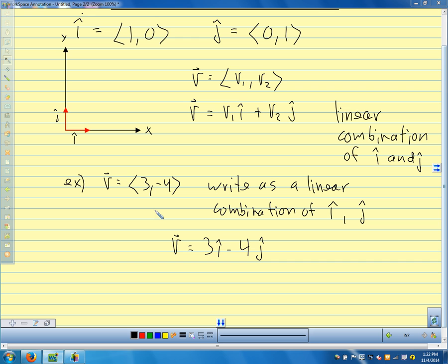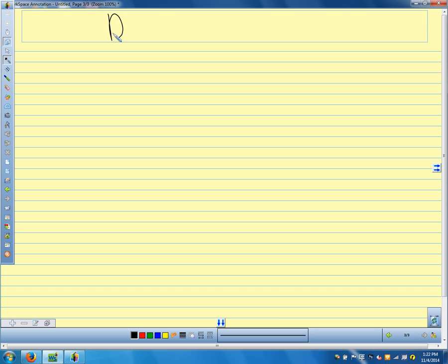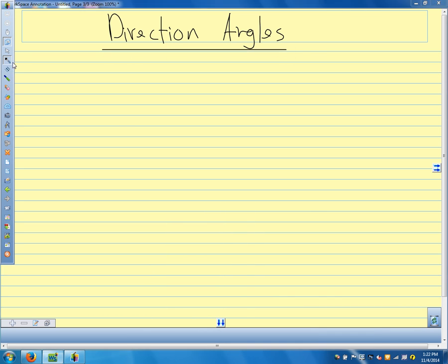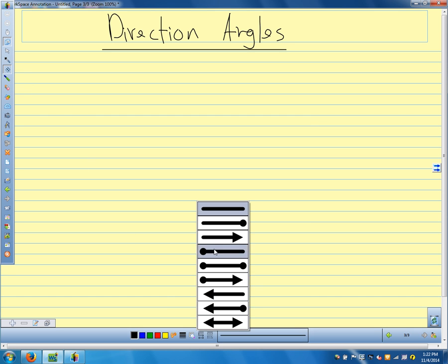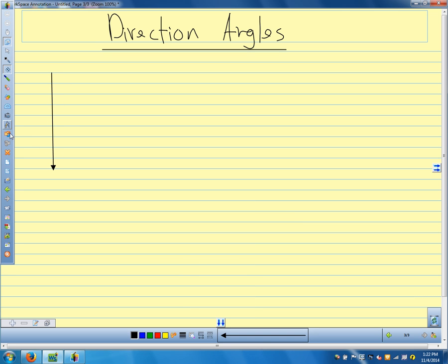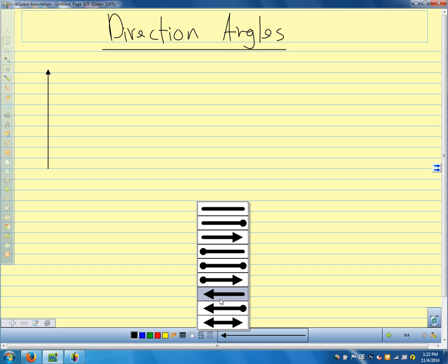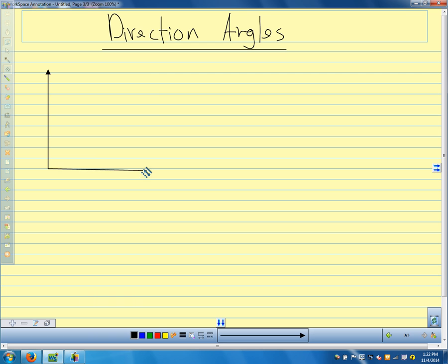All right, next we're going to bring back our old friends, trigonometry, and talk about direction angles. So if we draw our vector in standard position, so there are my axes, and here's my vector in standard position.